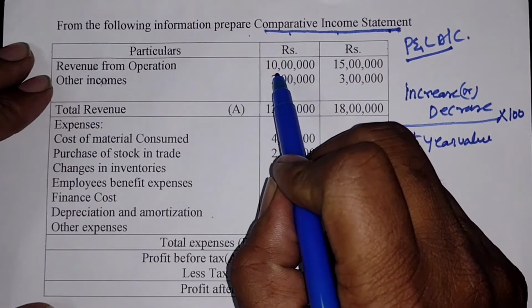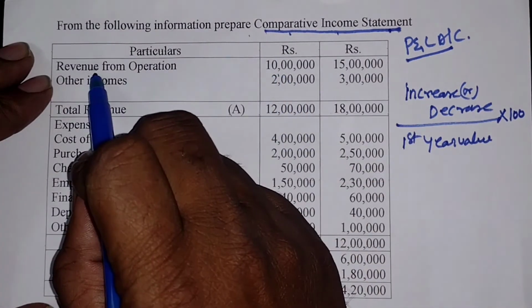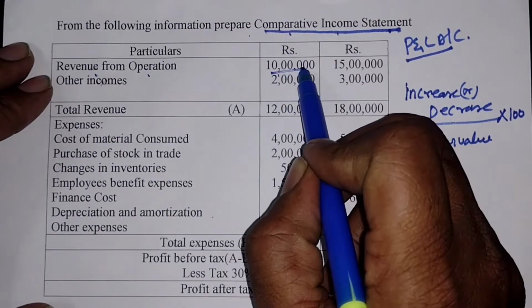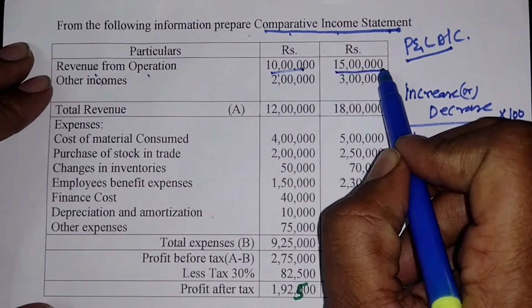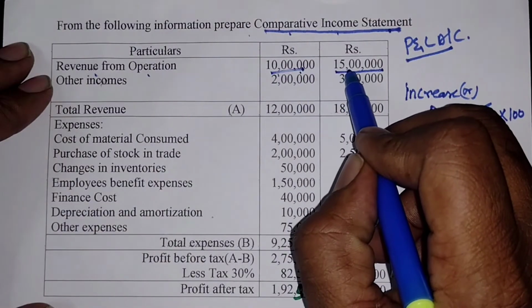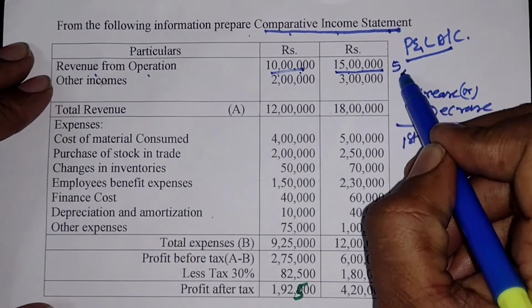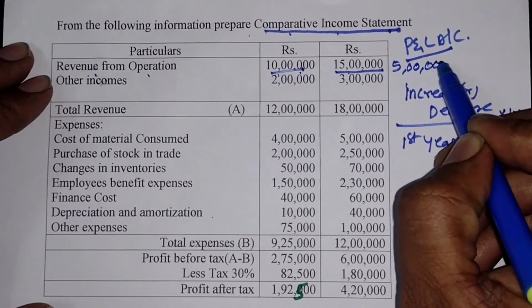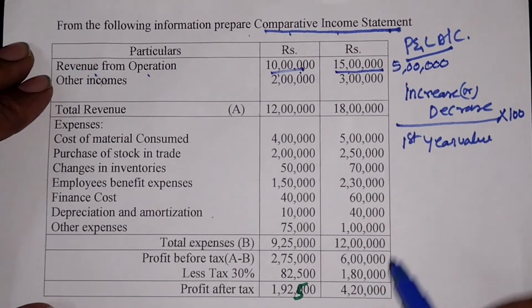Just see that the first year revenue from operation is 10 lakhs and the second year it is 15 lakhs. When compared to the first year, rupees 5 lakh has been increased.